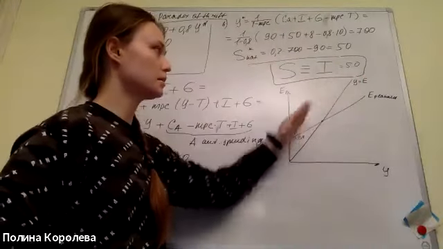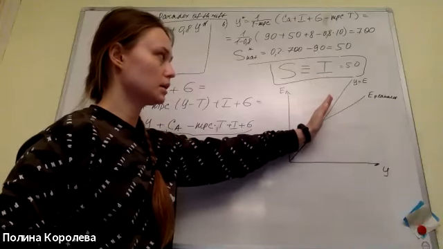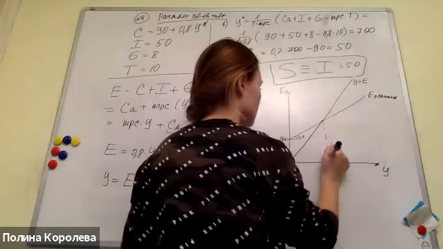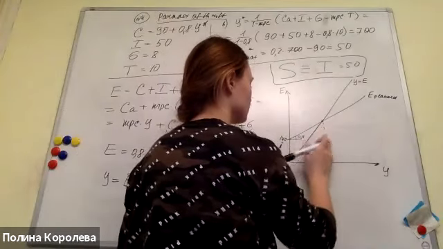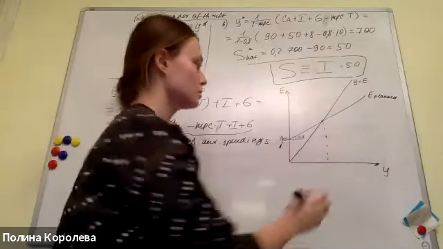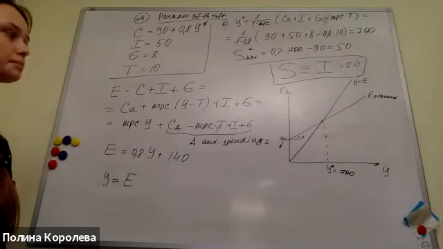When we equalize them, planned expenditures and how much is actually bought and sold, we will find our equilibrium GDP, and we counted it 700. Agree?